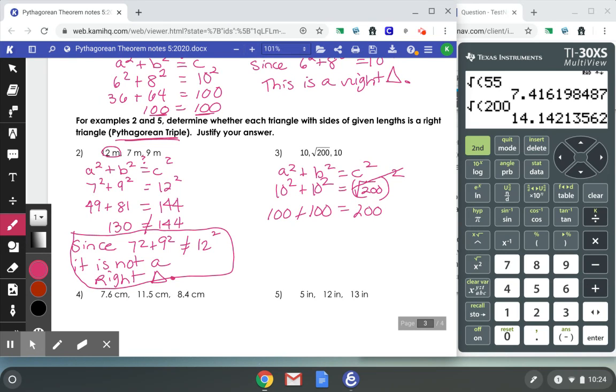It will equal 200. 100 plus 100 does equal 200. So I could say, since 10 squared plus 10 squared equals radical 200 squared, it is a right triangle.